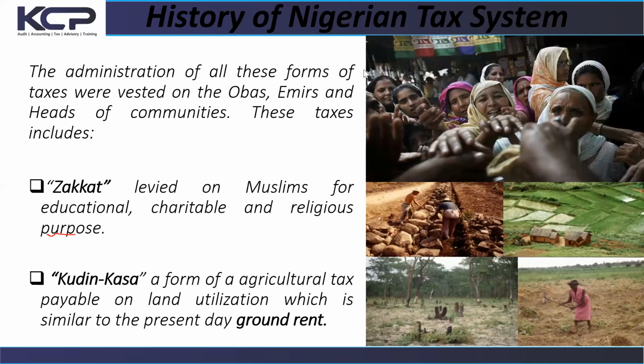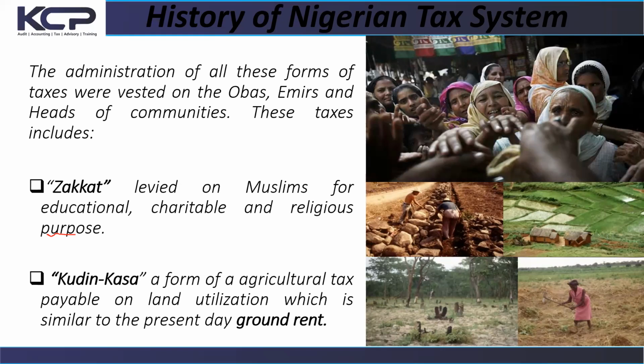Okay, that's very correct. So next on my slide is Kudi Kasa, a form of agricultural tax payable on land utilization, which is similar to the present ground rent. I'm sure you are aware that even in Lagos till date, ground rent is still payable.